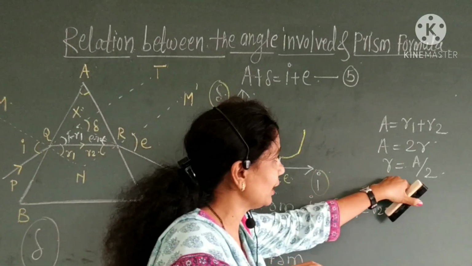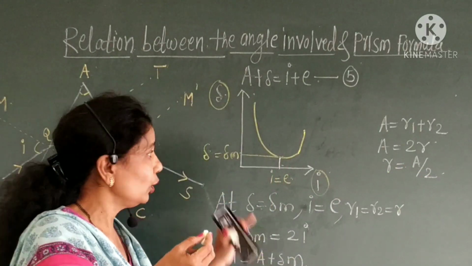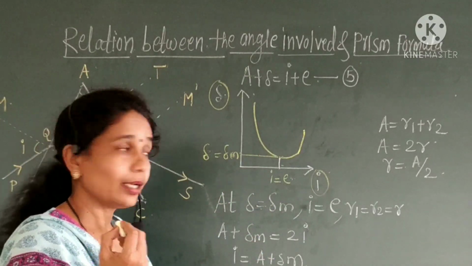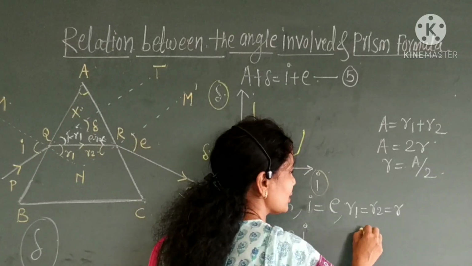We get the value of angle of incident is equal to A plus delta M upon 2. And here we get R, the angle of refraction, R is equal to A by 2. Okay, then according to Snell's law, what is Snell's law?